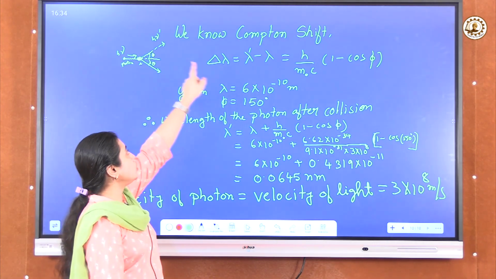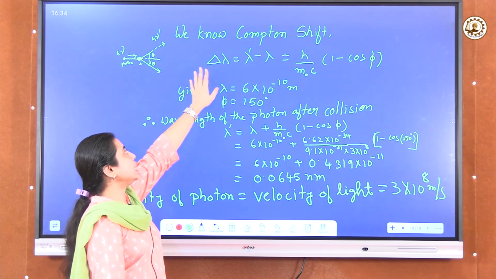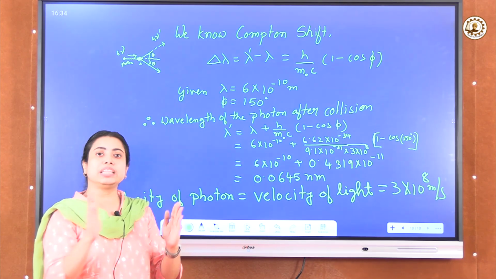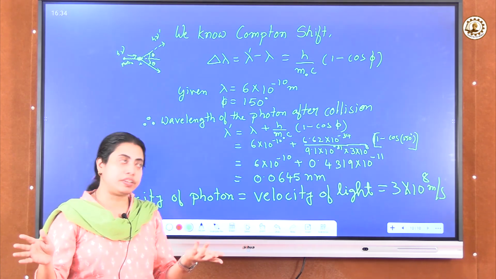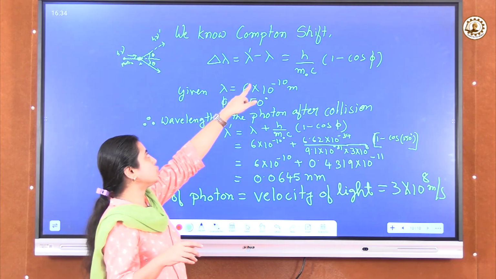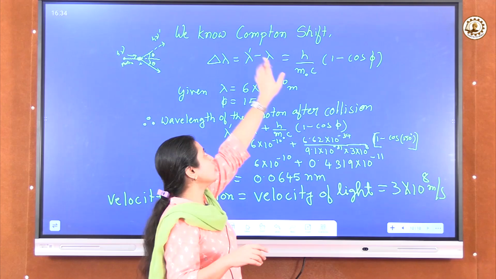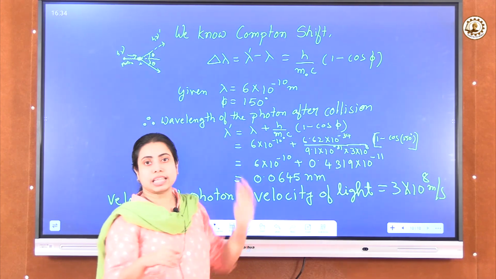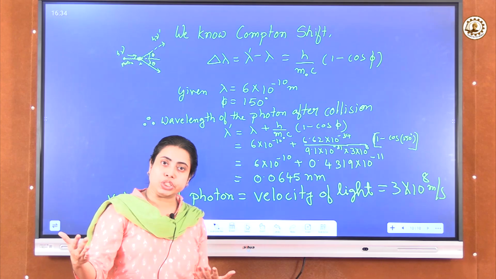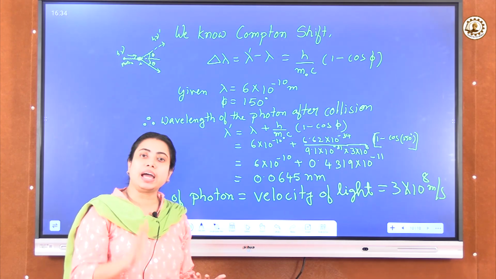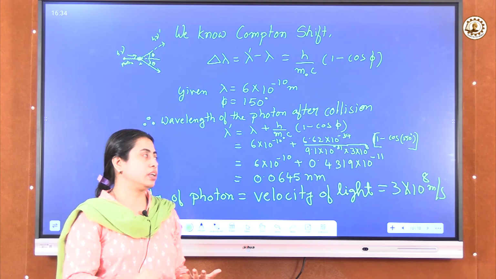Now, from Compton shift's relation, we can write delta lambda, the shift in the wavelength of the photon before collision and after collision, equals lambda prime minus lambda, where lambda prime is the wavelength of the photon after collision and lambda is the wavelength before collision.